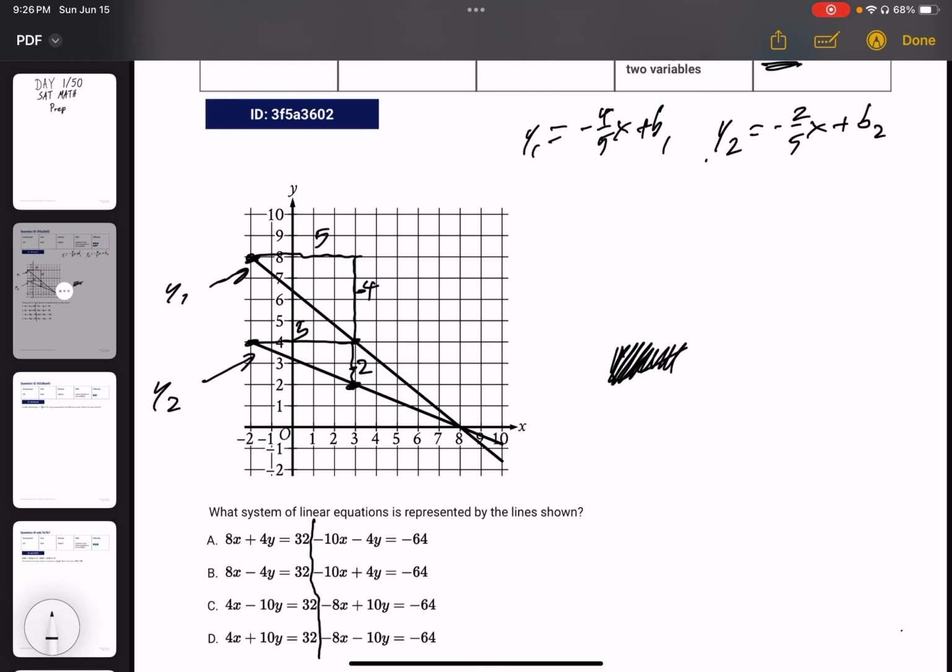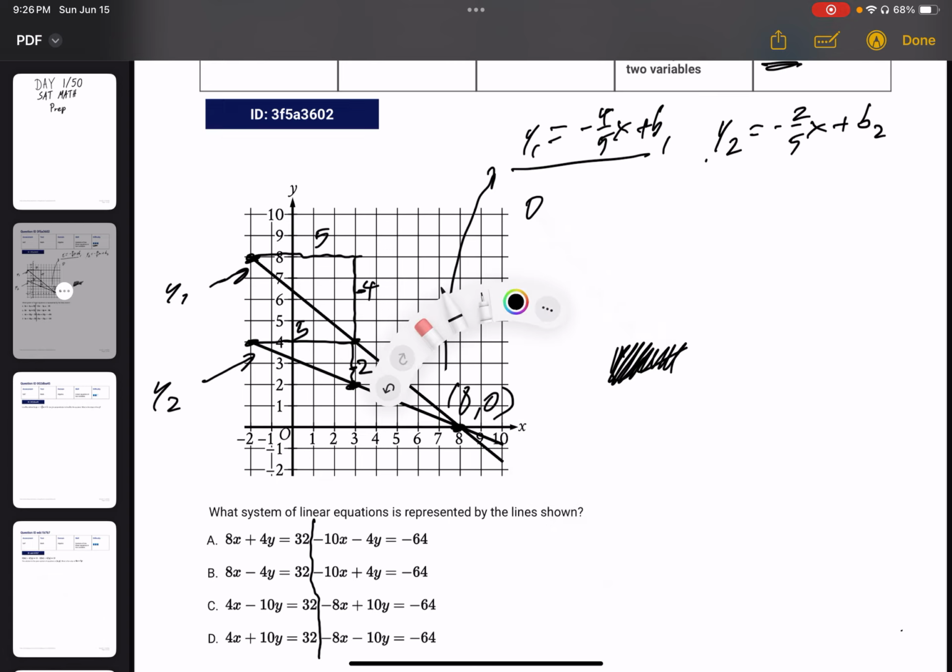To do that, we always want to set y equal to 0. And a good way to do that is look at the x-intercepts. So this point would work, and we plug this point in to each of these equations for the x and y. So we start with this equation over here, and we'll plug in, sorry, this point isn't 0, 8, it's 8, 0.